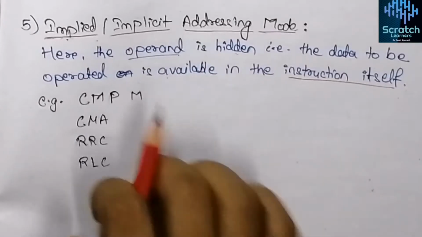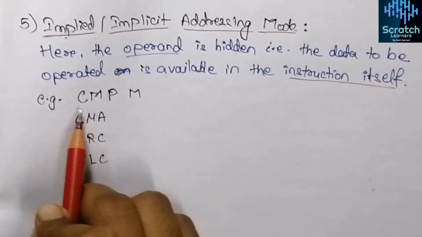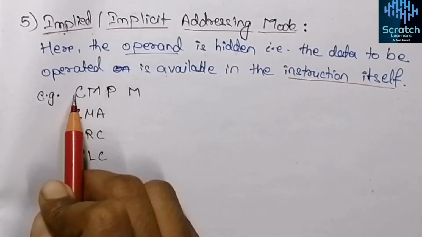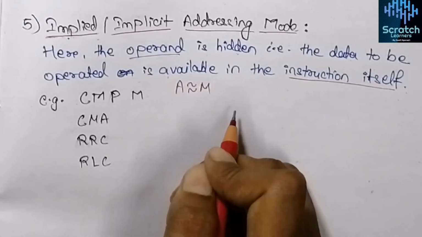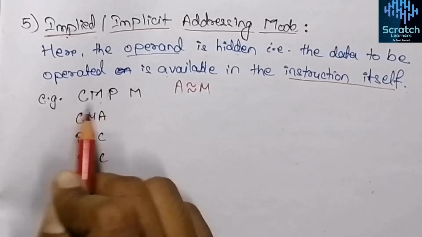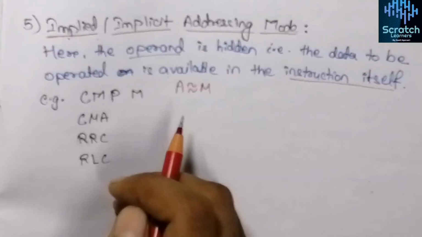So we can say that this addressing mode does not require any operand. For example, CMP M. This is used to compare the content of the accumulator with the content of memory. Okay, and this is a 1 byte instruction. That means during execution of this instruction, it will occupy only a single byte of memory.